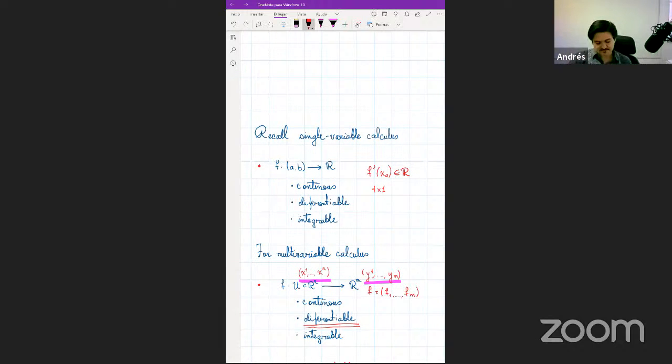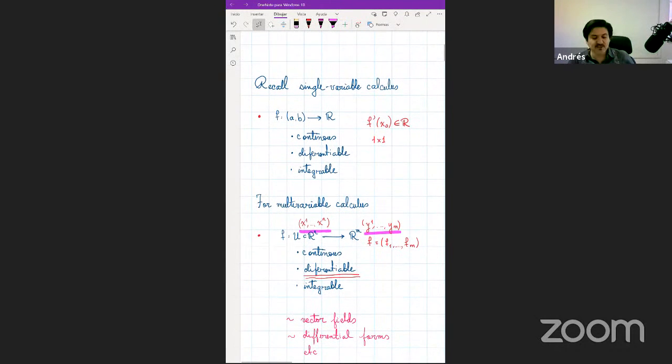Okay? So based on that coordinate system, you have f1 through fm coordinate functions, you take the partial derivatives, you have a matrix, and at every point of the domain U, you have a matrix, and that will be your derivative in some sense. Okay, so that was a quick review of multivariable calculus.